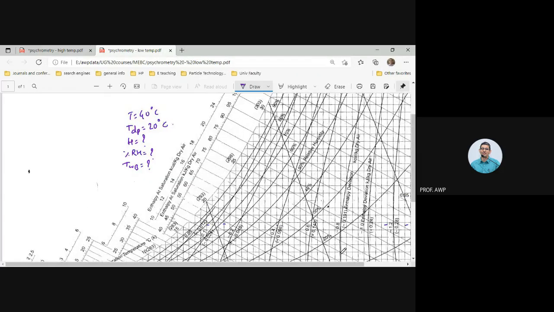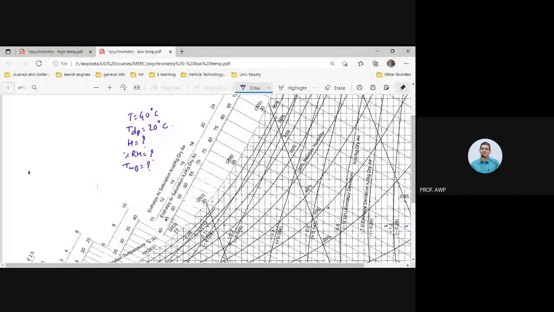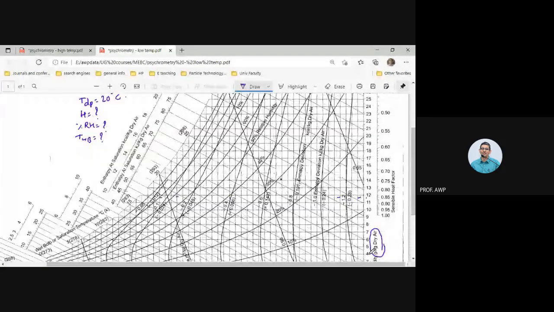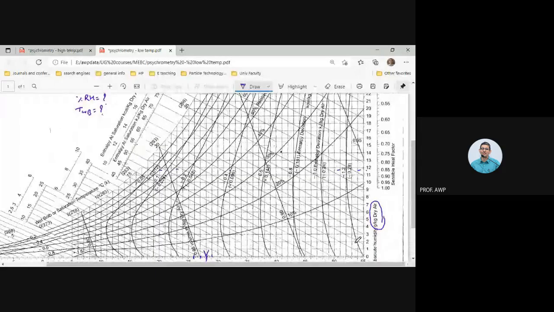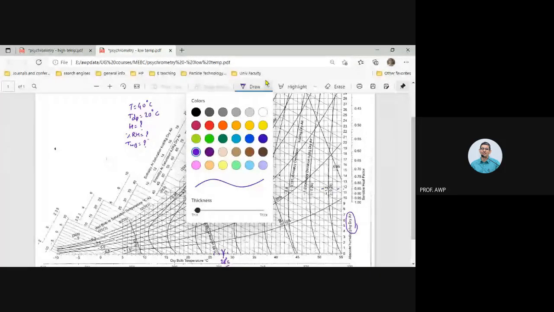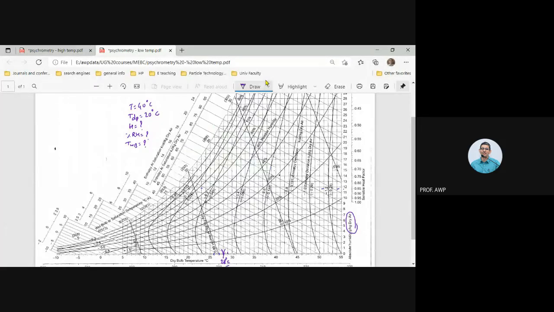Temperature 40 degrees centigrade. Dew point is 20 degrees centigrade. Yes, sir. Ready, Ankush? Yes, sir. Tell me. I'm listening, Ankush.